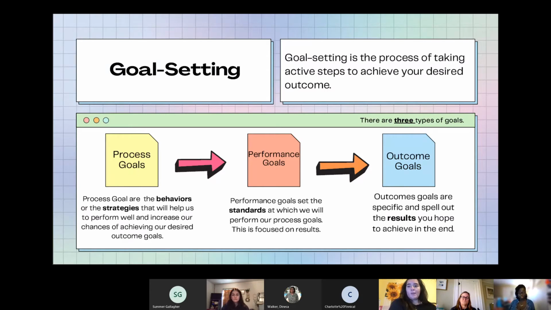Performance goals are those different standards that we will perform our process goals to. And outcome goals are the specific actual goals that spell out the results or what we hope to achieve in the end. So the goal setting process usually involves setting a process goal, a performance goal, and an outcome goal.